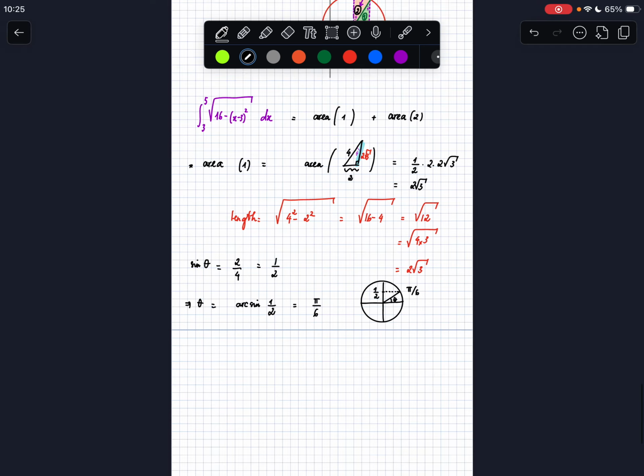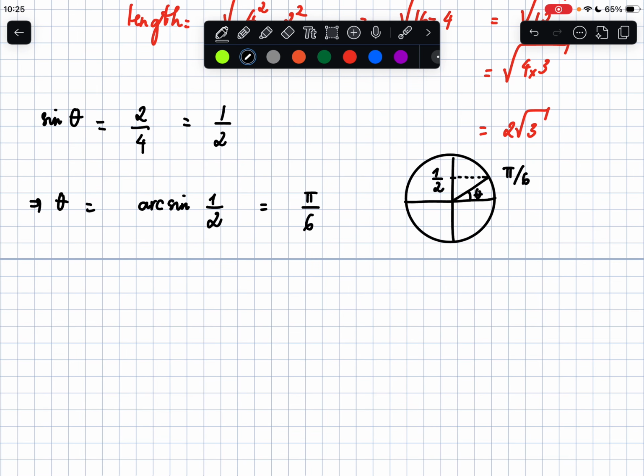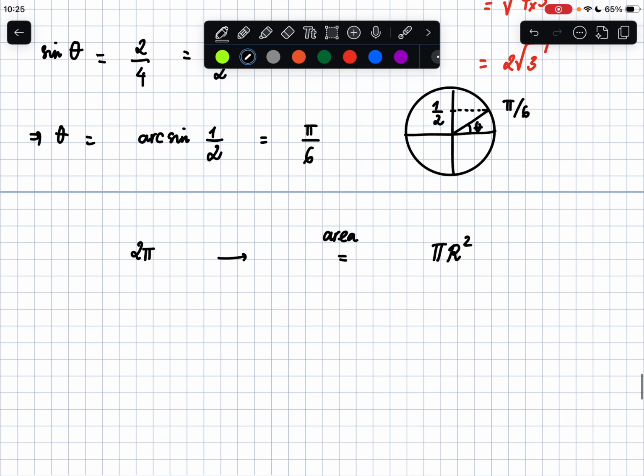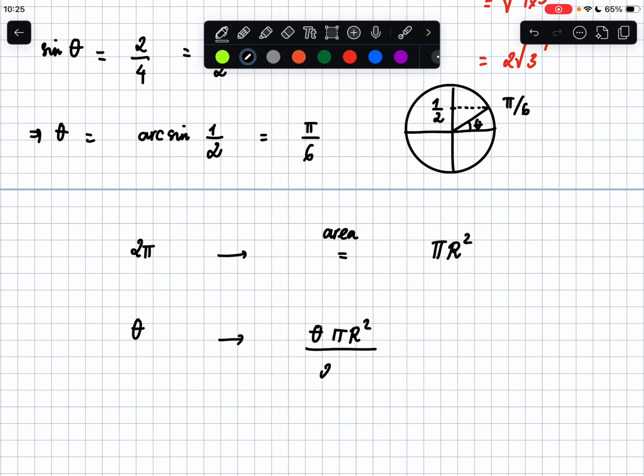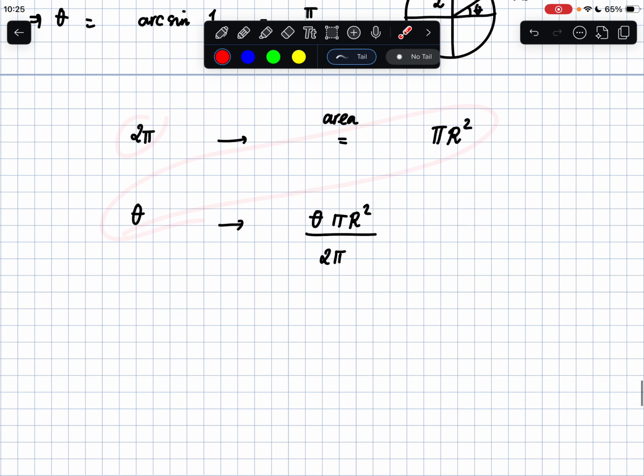Now we compute the area of region 2. Think about it this way: a full circle is 2 pi, and its area is pi r squared. Now we only have angle theta, so the area is pi r squared multiplied by theta divided by 2 pi. Pi and pi cancel out, and you have theta times r squared over 2.